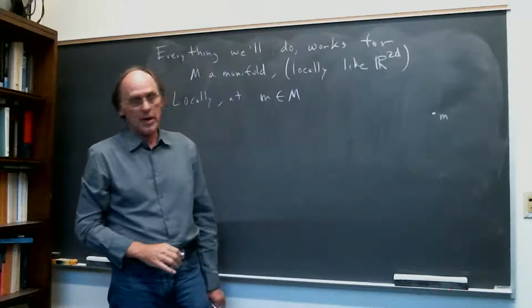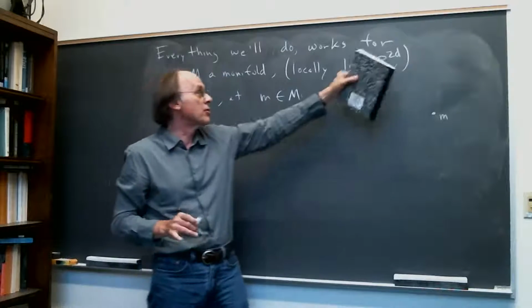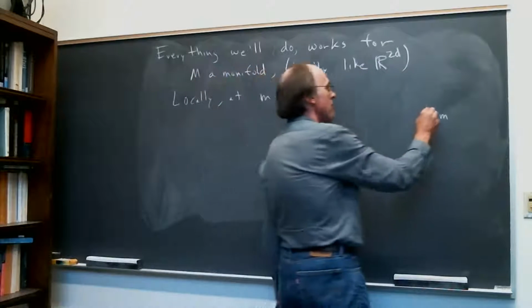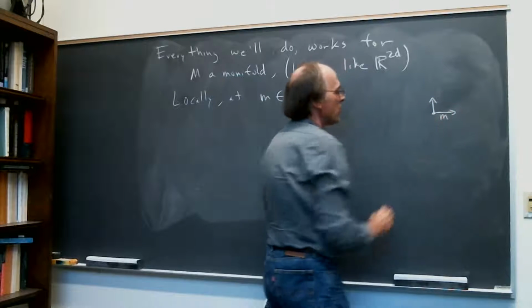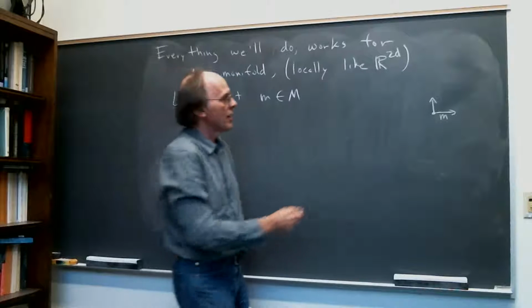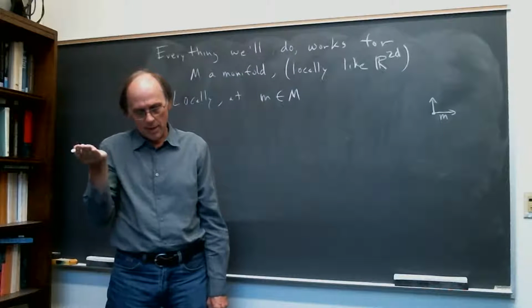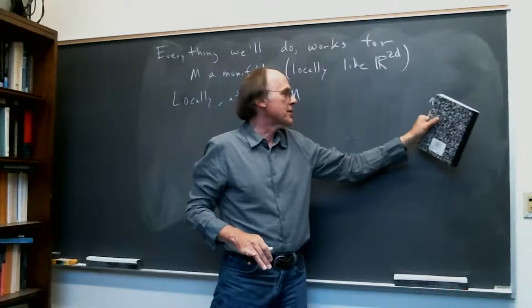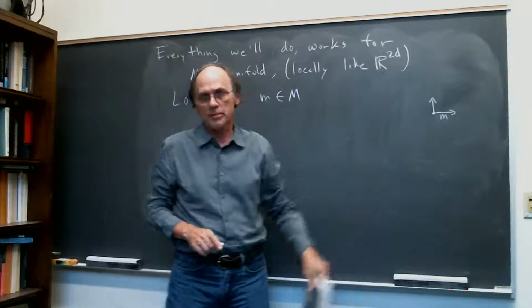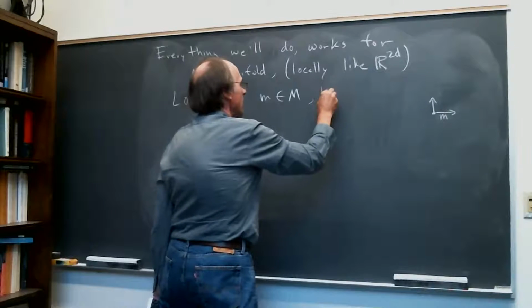If you locally look like R^2D, what's the basis of R^2D at this point? One standard way in geometry of thinking of what it means to pick a basis of this tangent space, or of this local space, is that you have basis vectors.